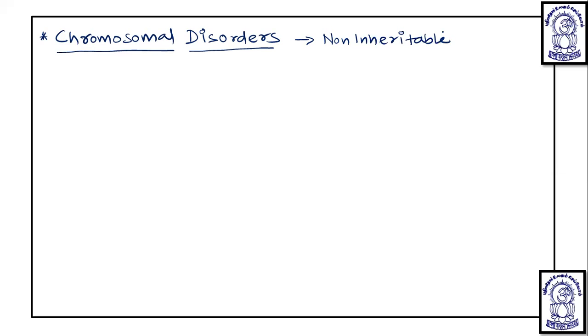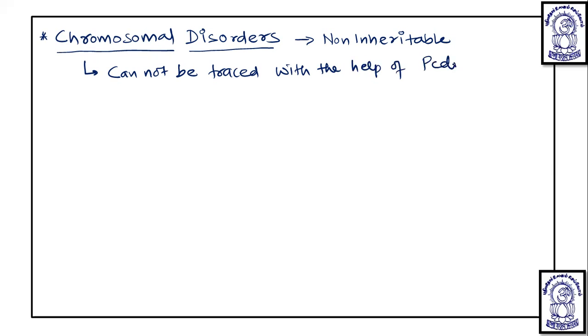Then it is known as non-inheritable. And chromosomal disorders cannot be traced with the help of a pedigree chart or pedigree analysis, which is one of the important features observed.